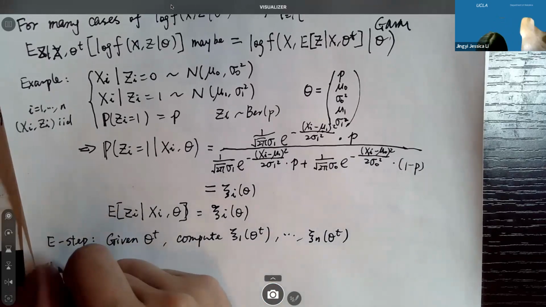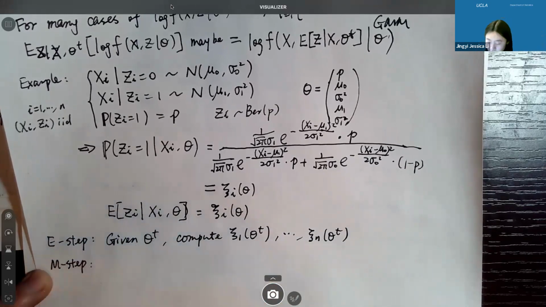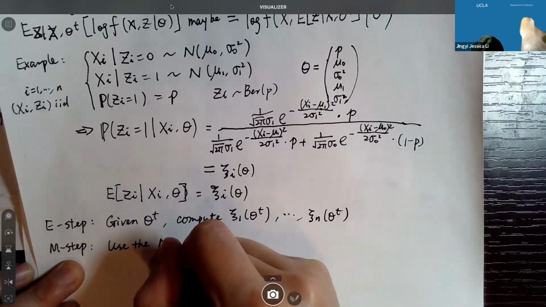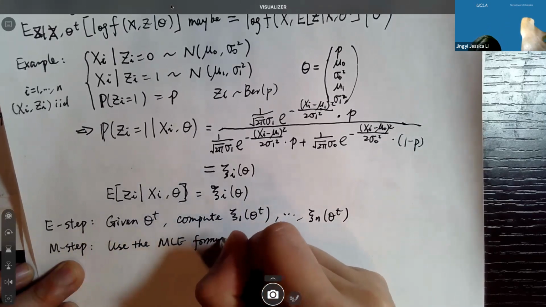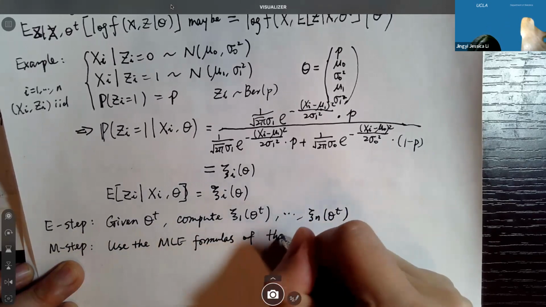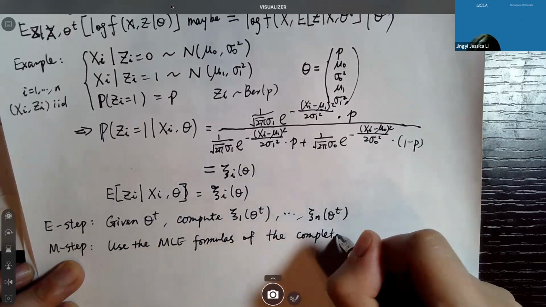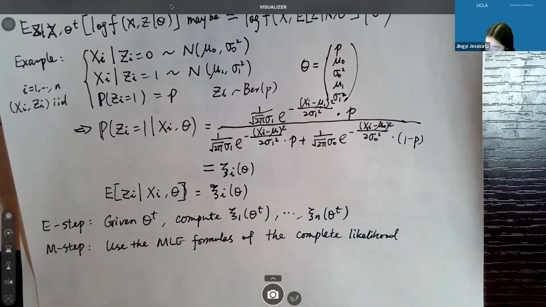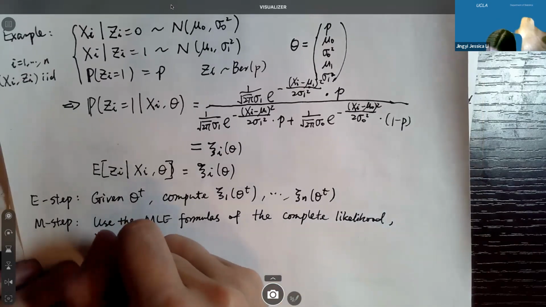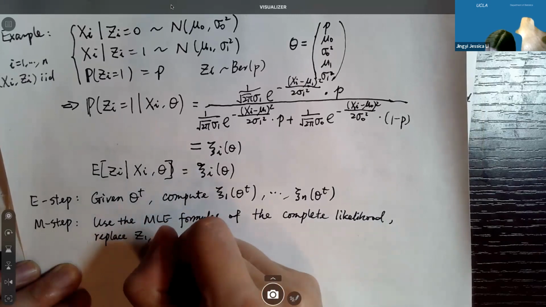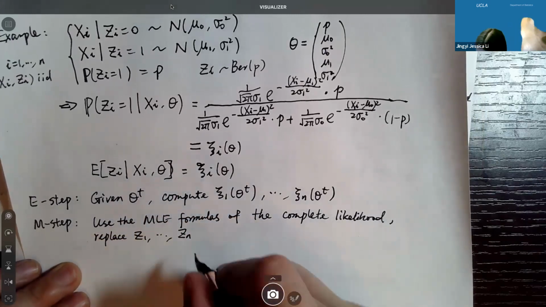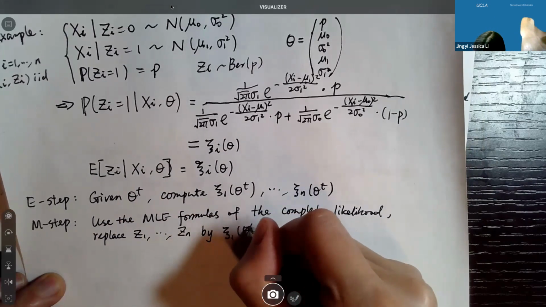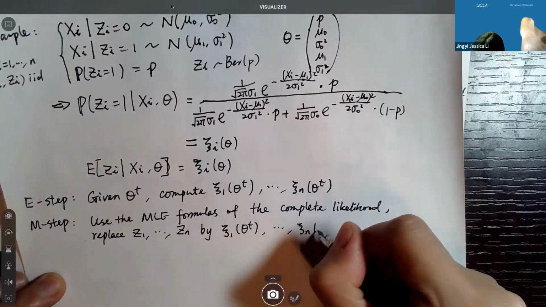And in the M step, we would take the MLEs, use the MLE formulas of the complete likelihood, which is what we had computed before, and replace Z1 to Zn in those formulas by what we did in the E step, by this psi 1 theta t to psi n theta t.